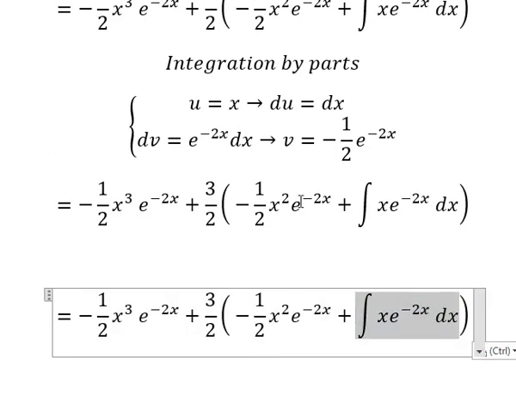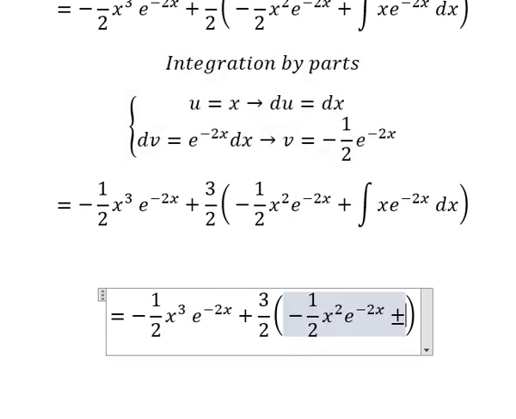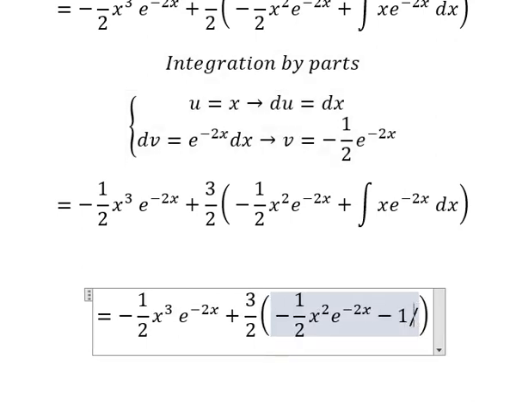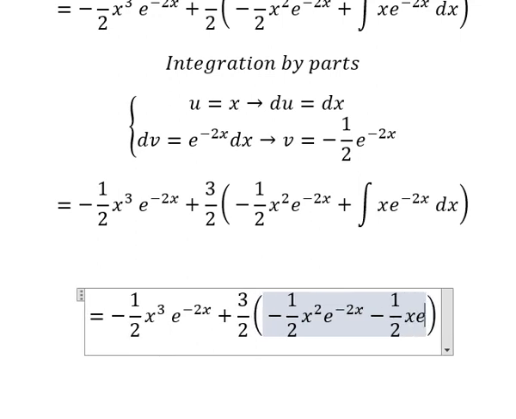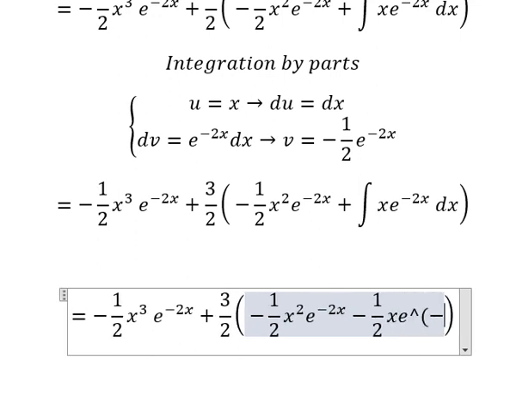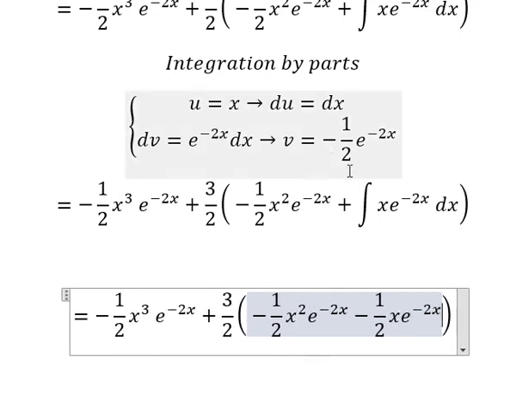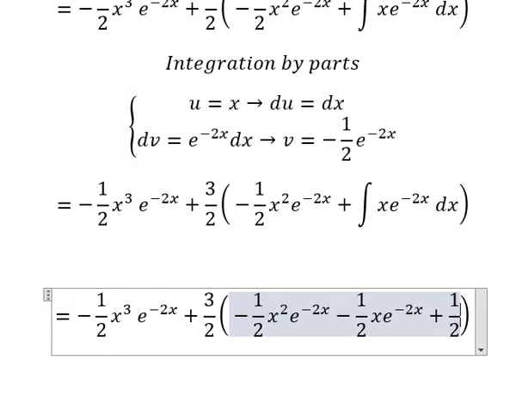So for this one, we have u multiplied by v. So we have negative 1 over 2 s e to the power of negative 2s. Because we have the negative sign in here, you get positive 1 over 2.